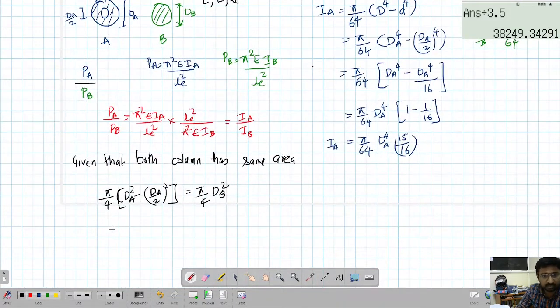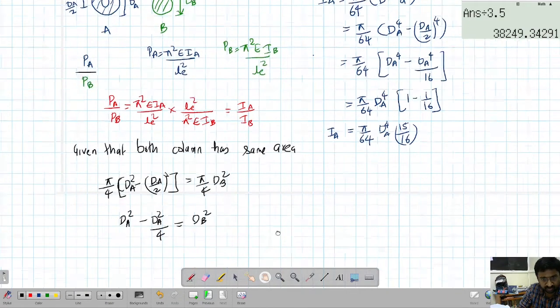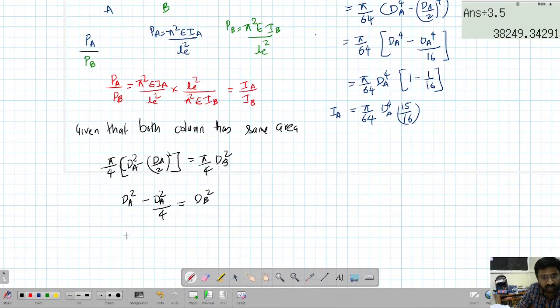Okay, now we can cancel out pi by 4. So this is dA square minus dA square by 4 equal to dB square. So this again gives me dA square into (1 minus 1 by 4) equal to dB square.